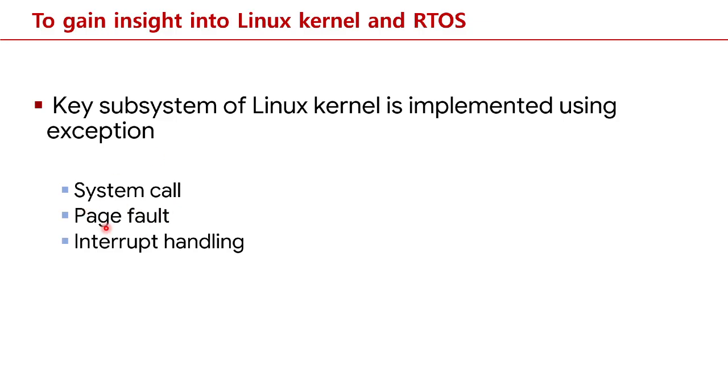System call, page fault, interrupt handling, all these features can be implemented using the feature of the RISC-V architecture. That is the trap. Now that you know the reason why we have to learn about trap, in the next lecture we're going to learn about the types of trap in RISC-V architecture.